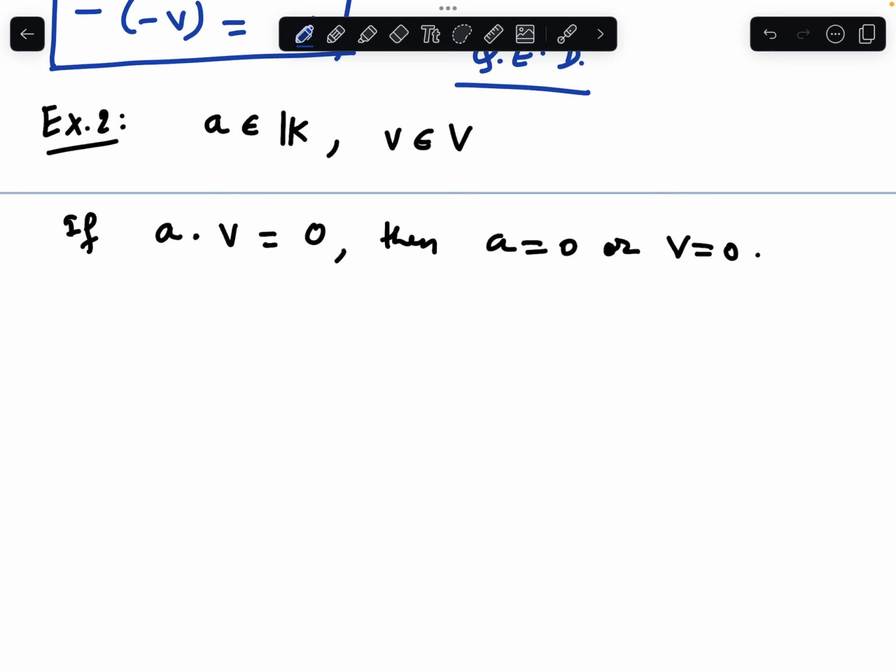So let's prove this. If A is 0, then there is nothing to prove and we are done.